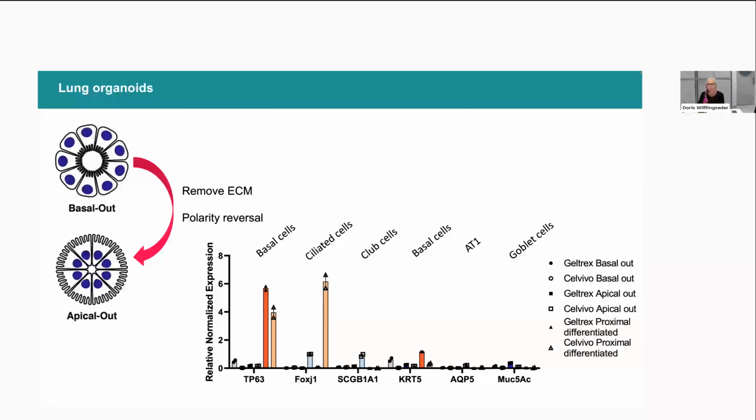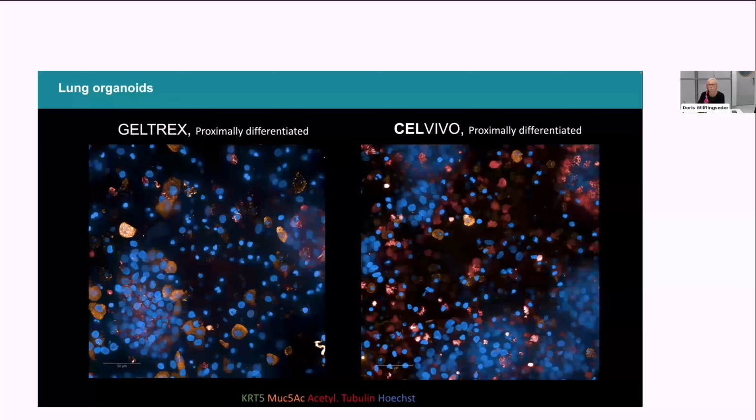It was also similar and not significantly different in terms of basal cells. And also we could see really within the Cell-vivo a really nice differentiation of those cells. This is now just a very rough overview, but we did in recent time more characterizations and more comparisons.